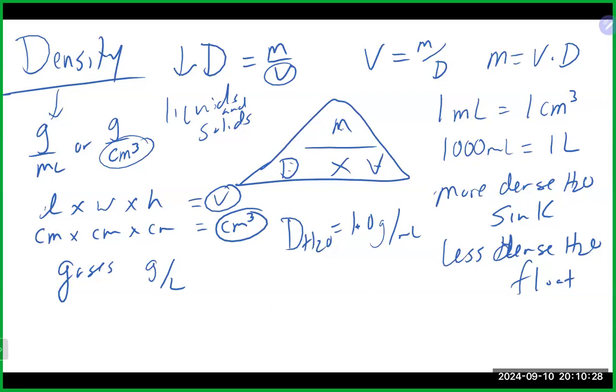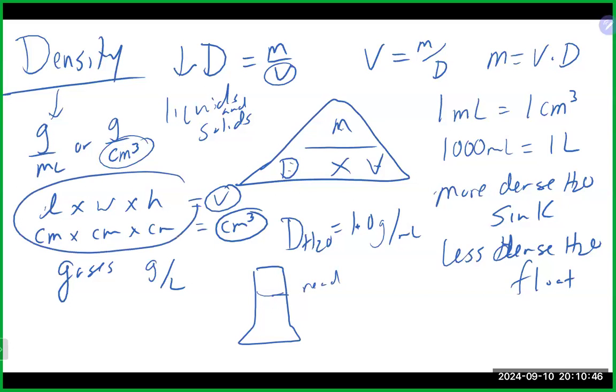All right. So when we do density, the main thing, besides the plugging and chugging, is that there are really 3 ways we can get the volume of an object. We can take a reading from a graduated cylinder and read the volume. We could take ruler measurements of a solid and calculate the volume. But also very common, especially in density, is volume by displacement.